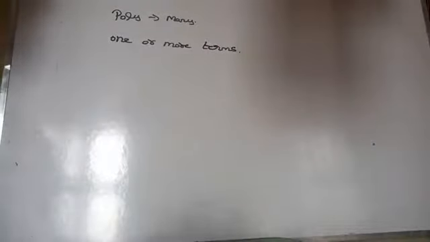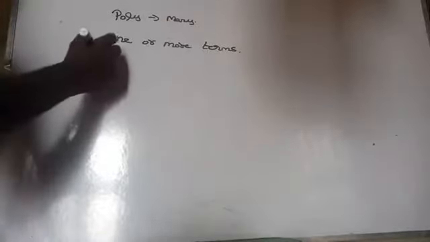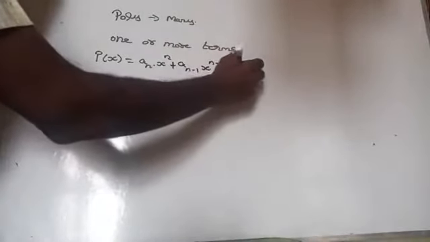So in general you can write p of x equal to an x to the power n plus an minus 1 into x to the power n minus 1 plus an minus 2 into x to the power n minus 2 plus etc. up to a1x plus a0.